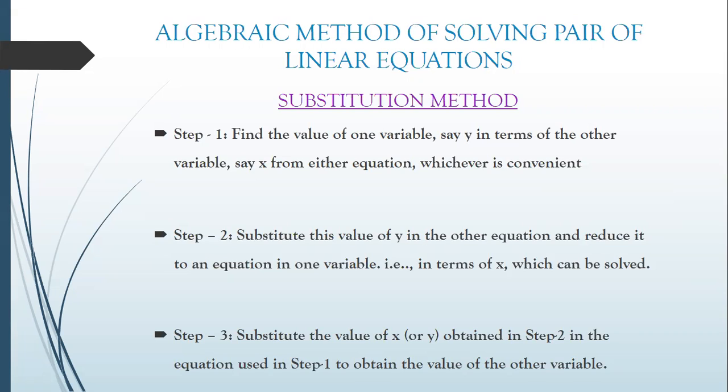The final step is substituting the value of x or y obtained in step 2 in the equation used in step 1 to obtain the value of the other variable. So only 3 steps are involved. We write one variable in terms of the other, then substitute, solve for one variable, then substitute back again to solve for the next variable.